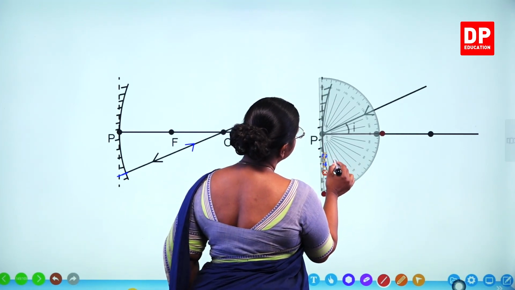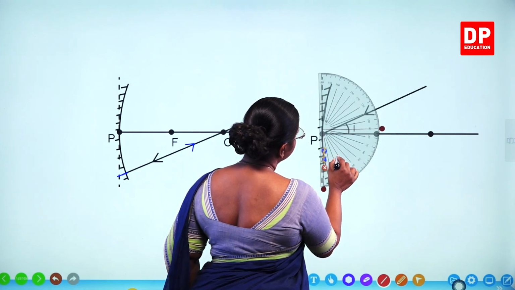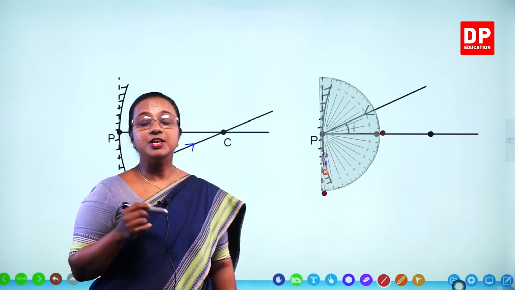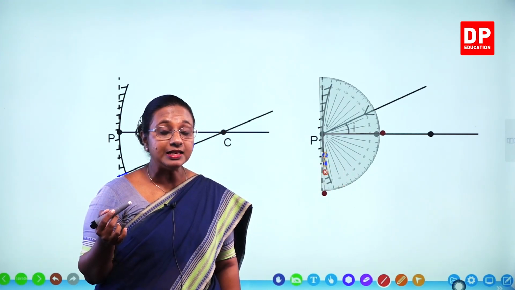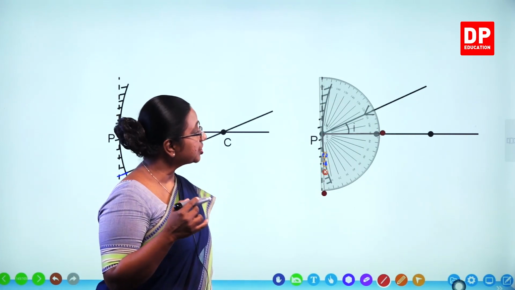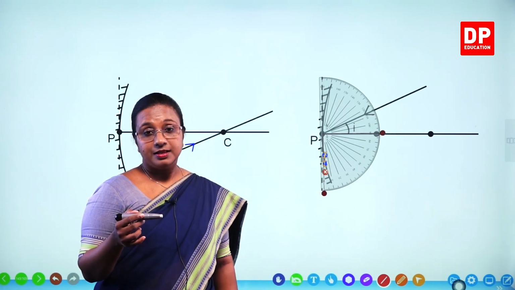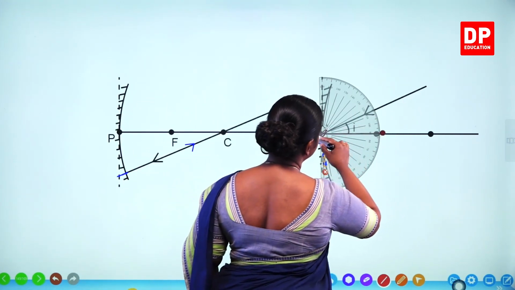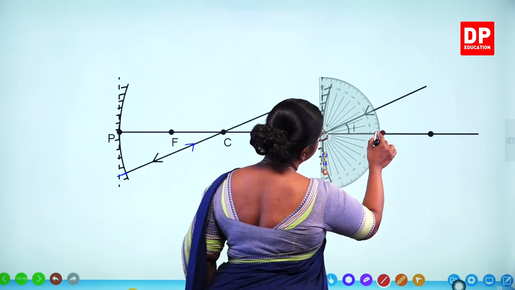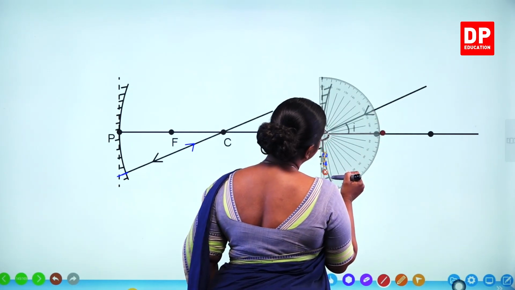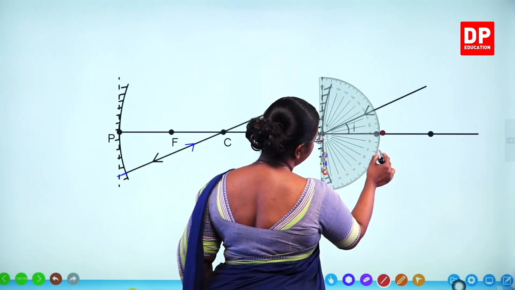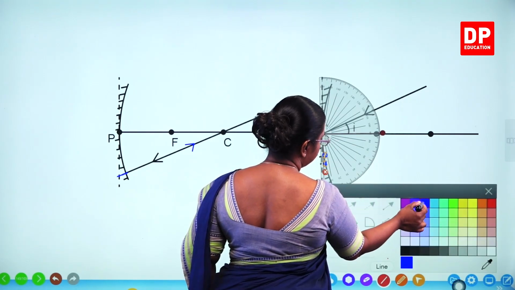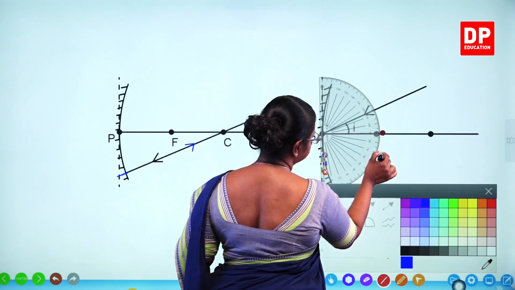So here again, students, as I told you all, when you draw, you will be drawing very thin lines so that you can measure the angles very properly or accurately. But here with the thick lines, I will draw a rough diagram. Here this is almost 25 degrees. So if I also take 25 degrees, it has to be somewhere through this.